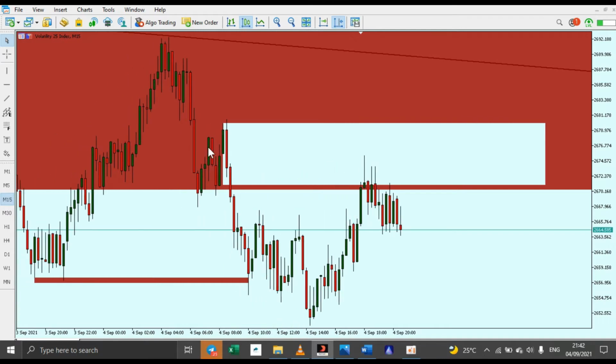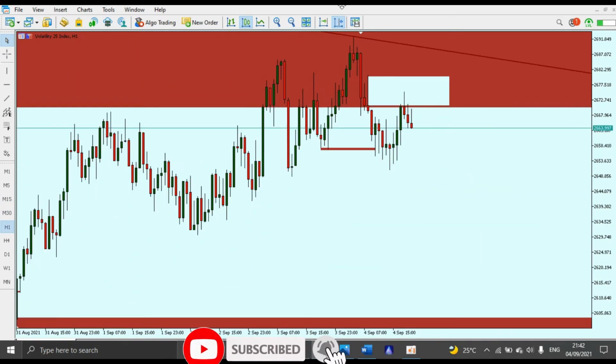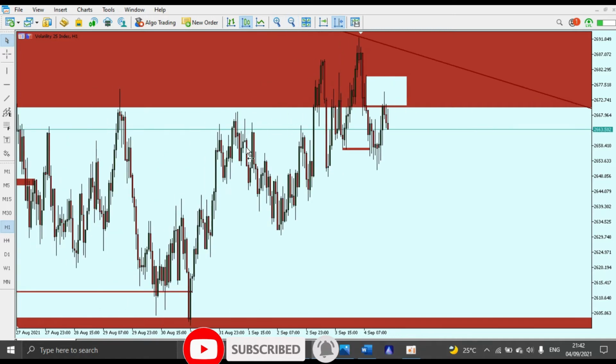Also, it might want to go back to test this particular other block here and then continue its trend. As you can see, it's consolidating right now, but it looks like it's about to break, but we can't see until it closes below this particular region. So that's it for VIX 25. We look forward to bearish setups to this point.